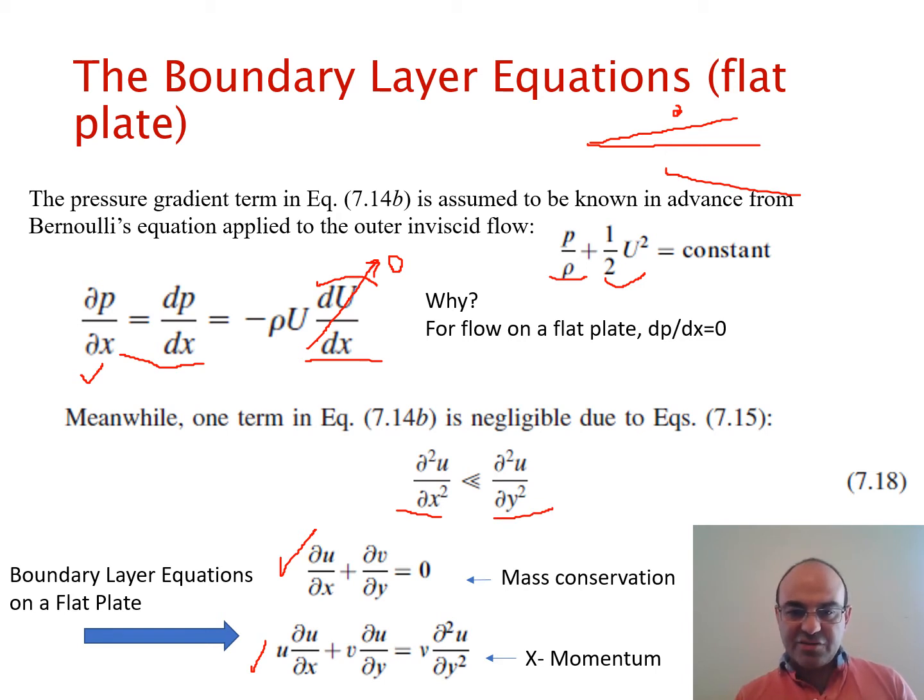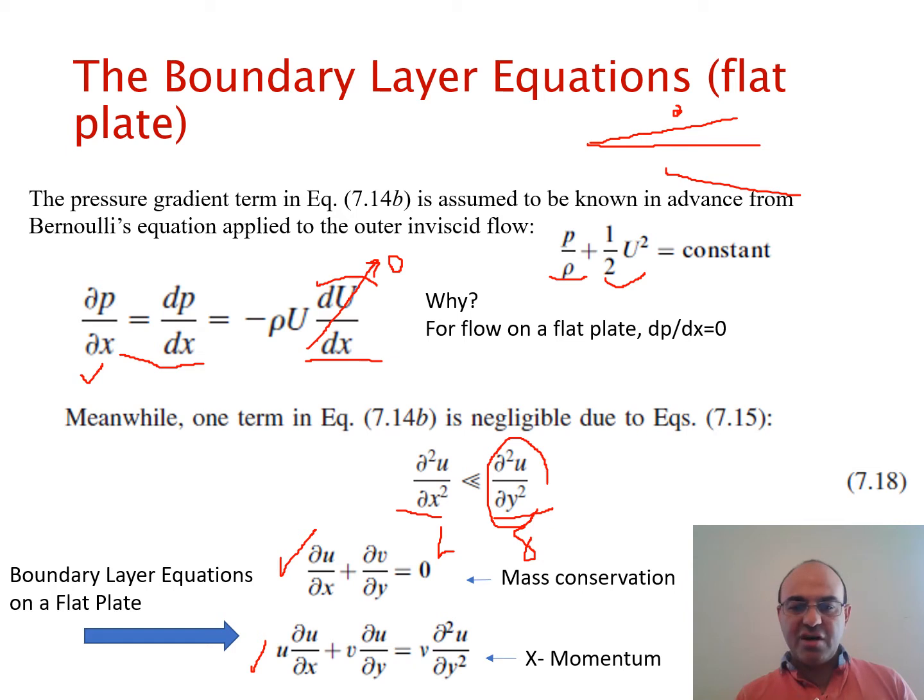If you look at this equation, because x is proportional to L, but y is proportional to delta, and delta is much smaller than L, the second term is much larger than the first term.